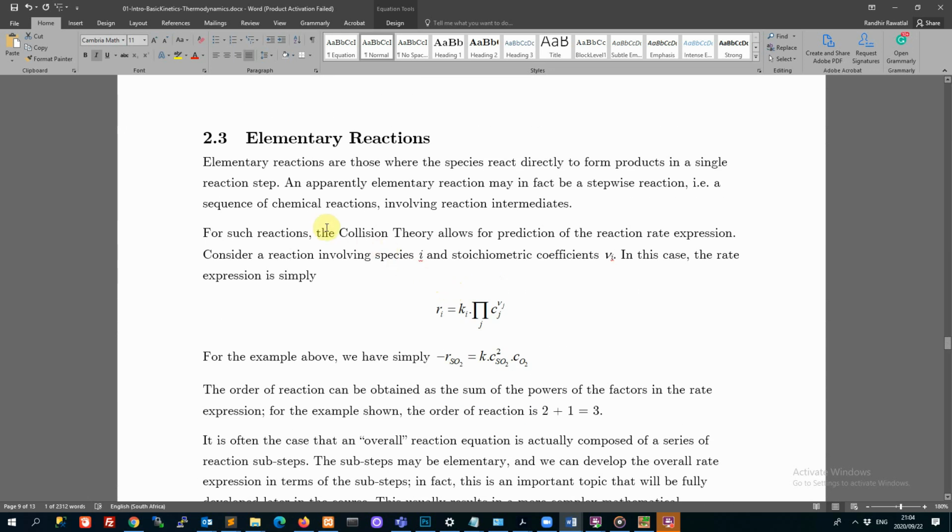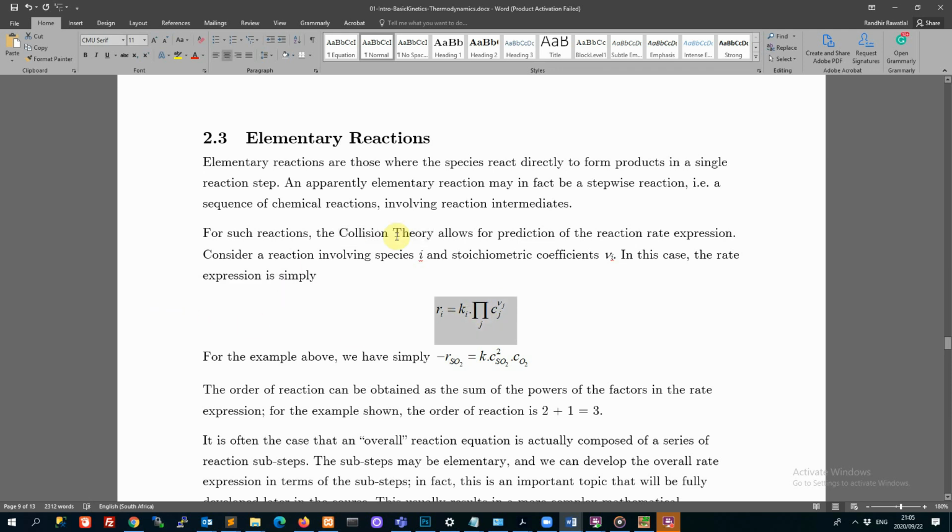Going back to collision theory, you will have seen in your chemistry courses that the correct way to estimate the reaction rate is by taking the product of each of the species on the reactant side raised to the stoichiometric coefficient, and multiplying the product of all those groups with the kinetic rate constant.